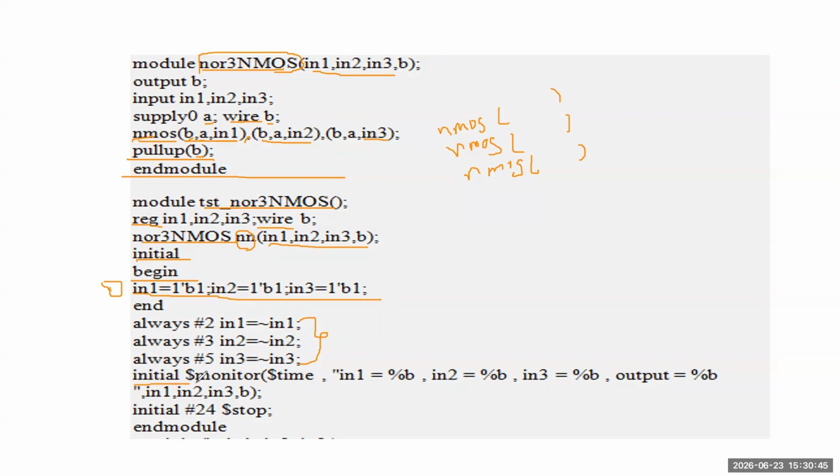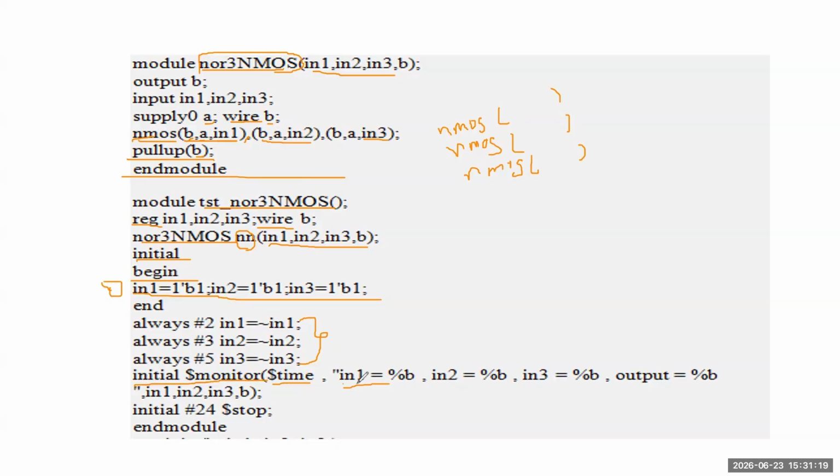Then to display the results, we are going to use either $monitor or $display statement using the initial block. So here we are going to use the $monitor. Whenever the input variables are going to change their values, for all the time instances, the output is going to be displayed. So first, $time specifies the time at what instant the inputs are going to be given and output is produced.